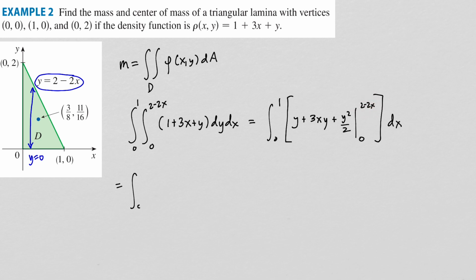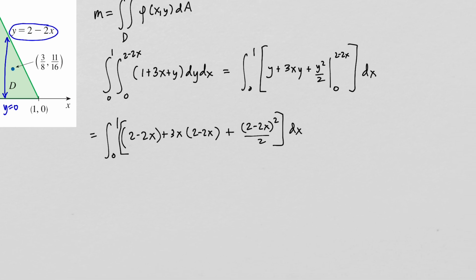So this becomes the integral from 0 to 1 of 2 minus 2x plus 3x times 2 minus 2x plus (2 minus 2x) quantity squared divided by 2, dx. Oops, I guess I have an extra parentheses in there. There we go. All right, now let's simplify.